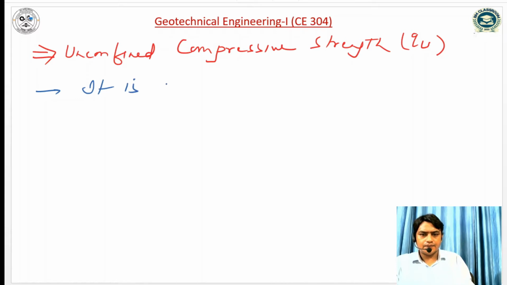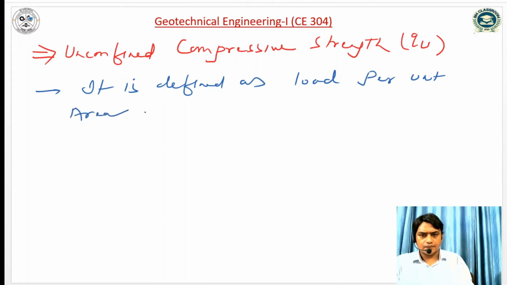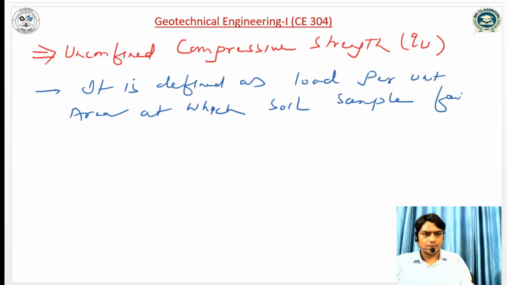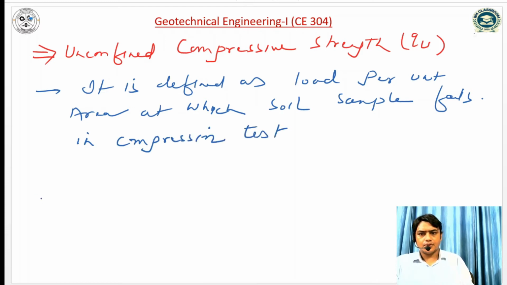It is defined as load per unit area at which the soil sample fails in the compression test. So it can be written as: unconfined compressive strength is the failure load divided by area.